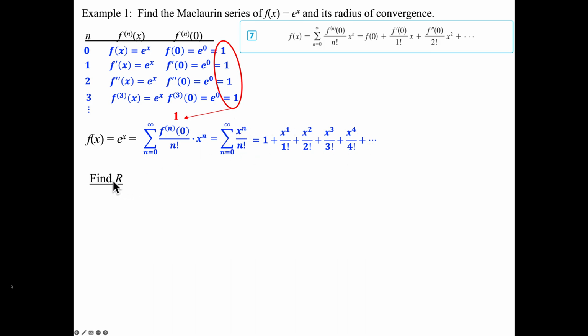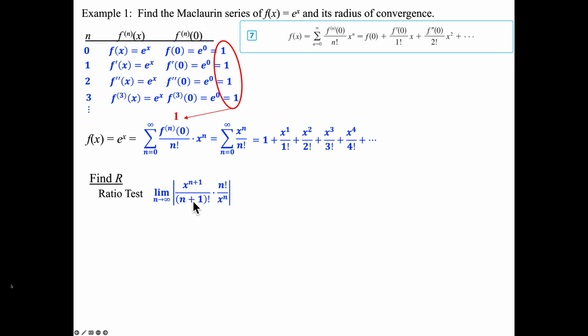Now to find my radius, I have to do the ratio test. So take your sequence function and find a sub n plus 1: x to the n plus 1 over n plus 1 factorial, divided by the original a sub n, or in this case, multiplied by its reciprocal, n factorial over x to the n. We can do some reducing and canceling. X to the n will go into x to the n plus 1 x times, leaving 1 x left over.